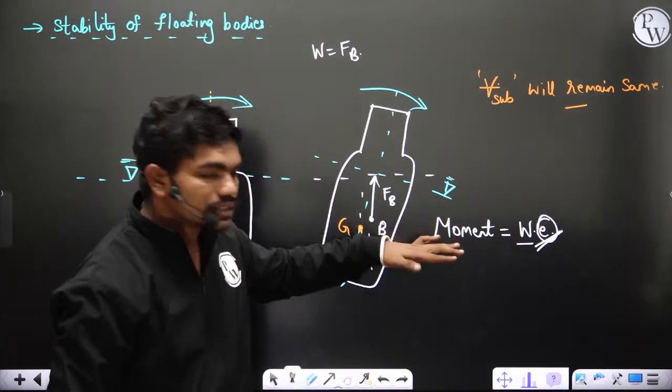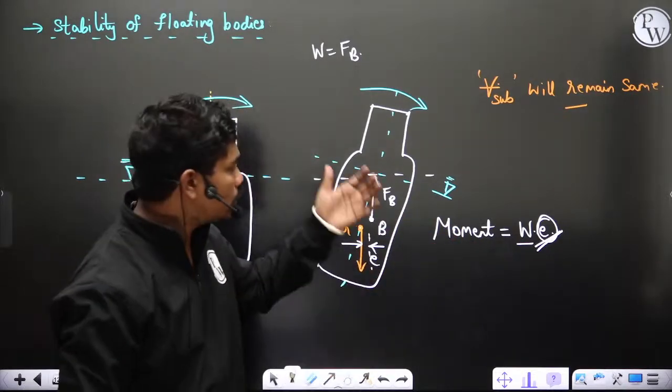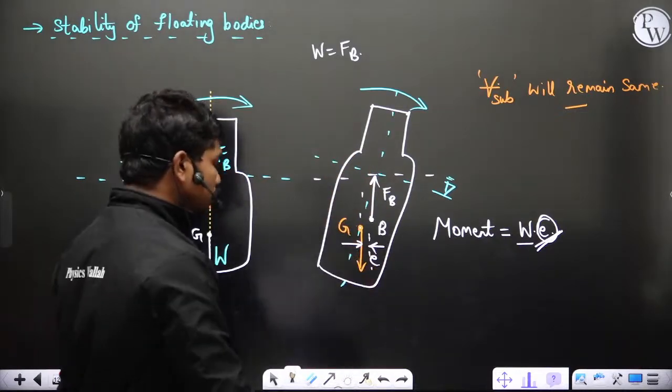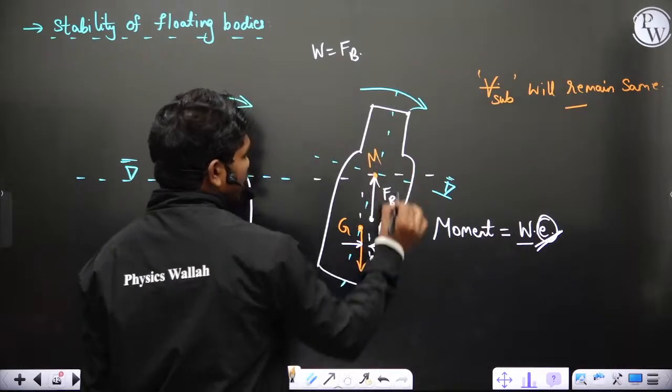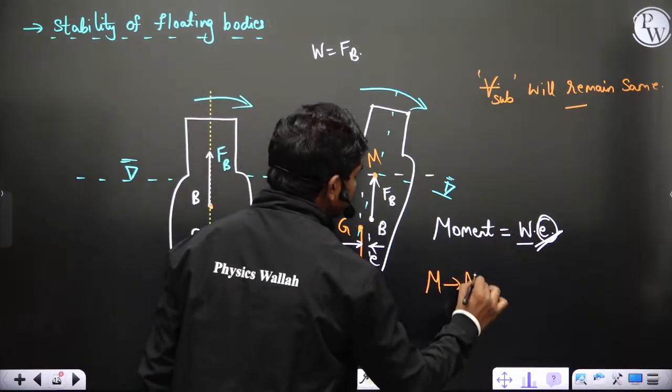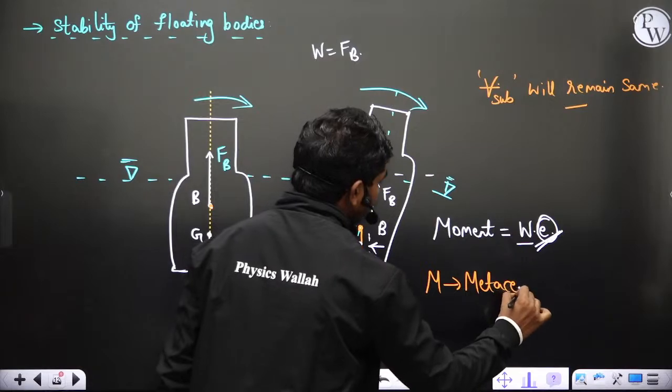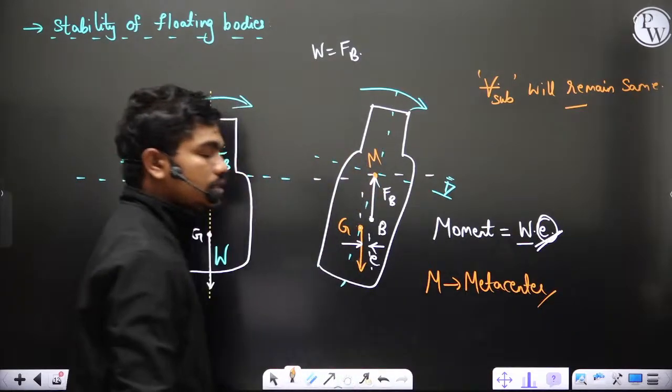So only this particular concept is not sufficient to know about the stability of these bodies, so therefore we go for this point which is called M, and this M is called the metacenter.